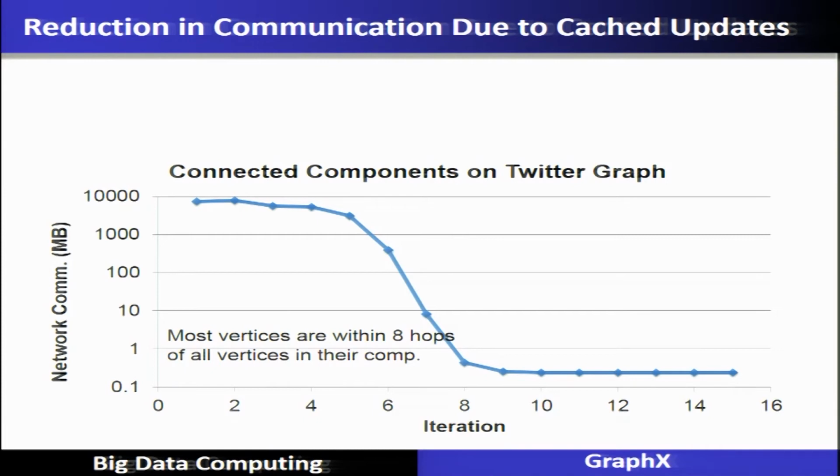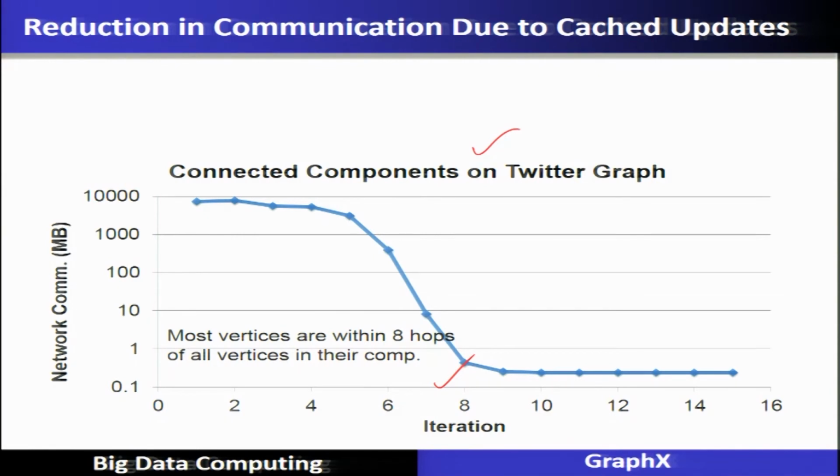Now, if you measure how much reduction in communication is achieved due to the cache updates, we can see that even for the connected components computation on a Twitter graph, the communication is heavily dropped.